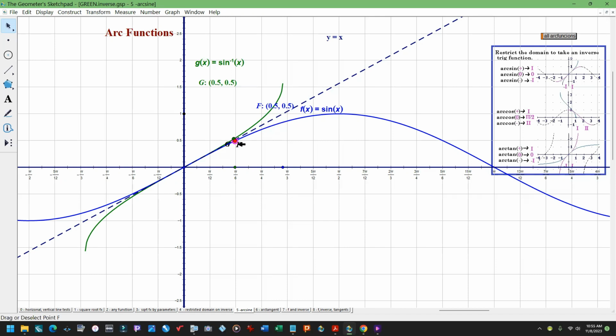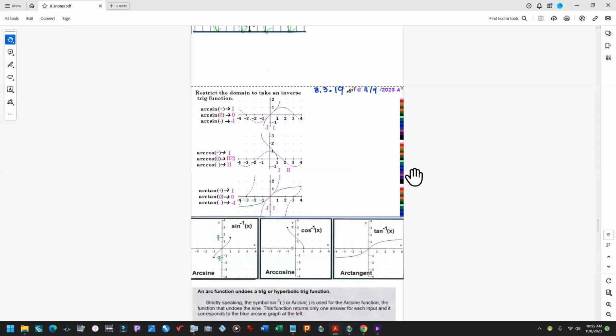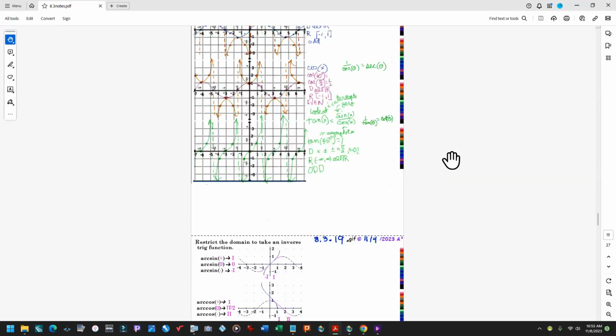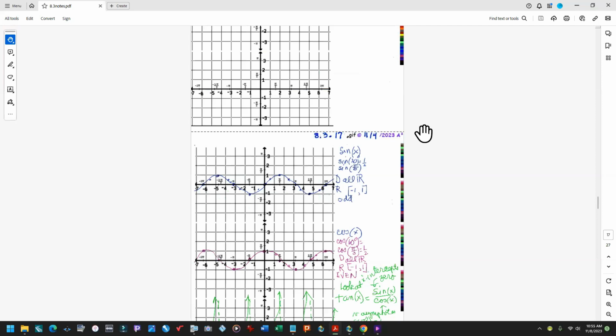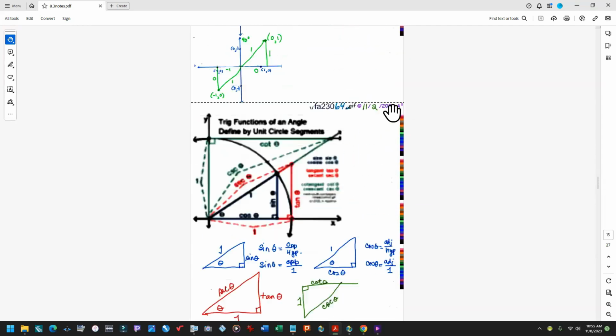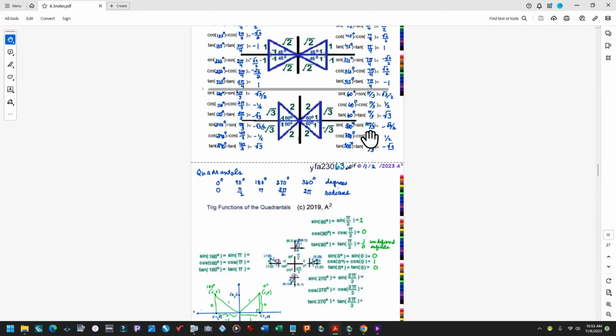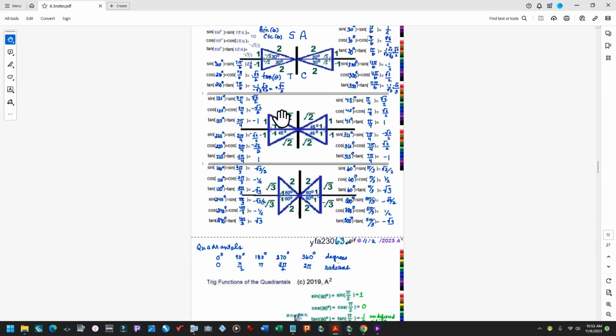That's a positive number. But we know from looking at the trig functions of all the angles, that the sine is positive in the first, and the sine is positive in the second, and it's negative in the third, and it's negative in the fourth.